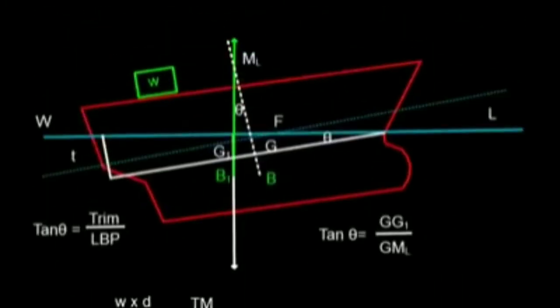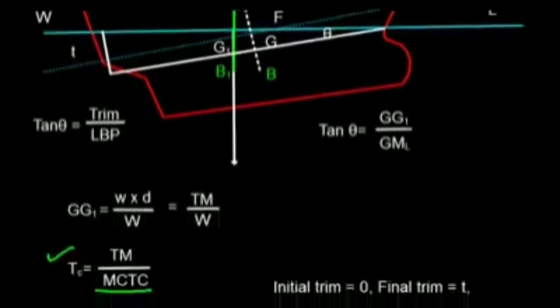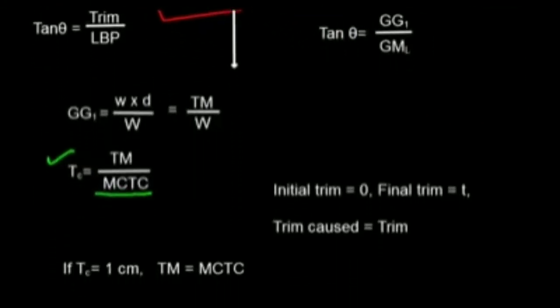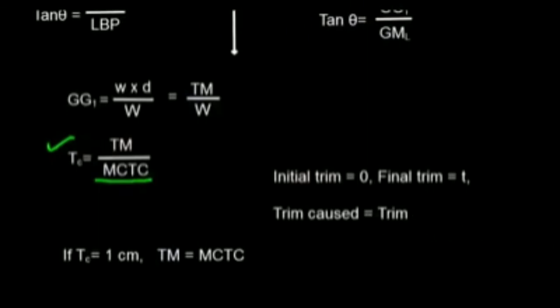Let's go back here. Initially the ship was at even keel, this was the waterline, so the forward draft and aft draft were equal. However, when the ship has trim, the forward draft is only this one and the aft draft is this one. The difference is T. So trim change is equal to trim.